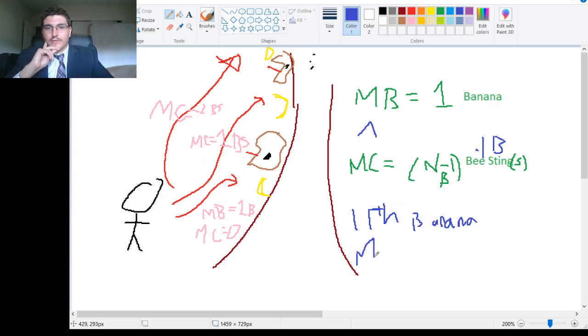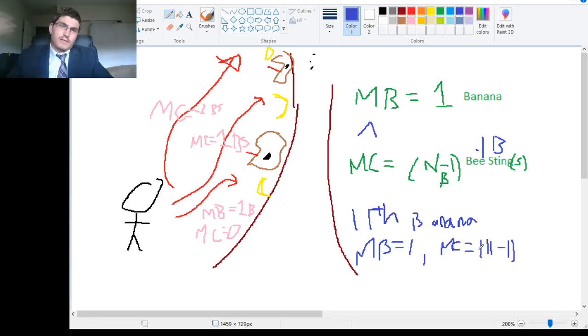we're going to have the marginal benefit equaling 1, the marginal cost equaling 11 minus 1. Remember, he's picked 11 bananas, so now he's going to pick the 11th banana, incur 10 bee stings. The bee stings count for 0.1 of a banana, which we'll just have as the standardized unit. We won't have a B as the symbol.